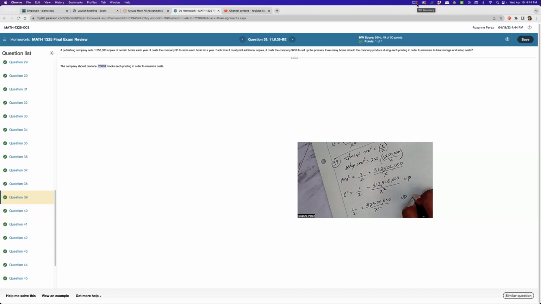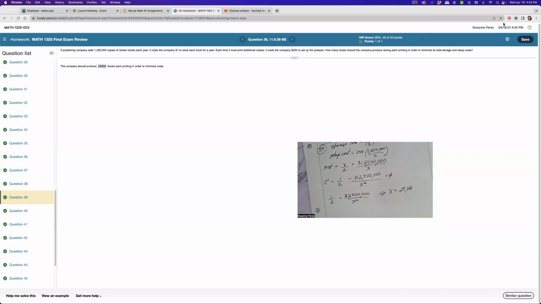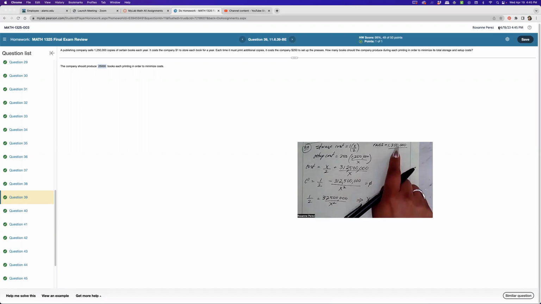Solving for x, x is going to equal 25,000 units. So this company, in order to minimize their cost, should produce 25,000 books in each run to meet their annual production goal.